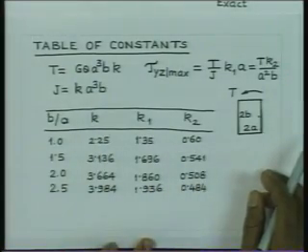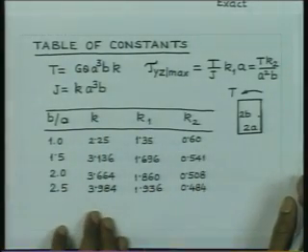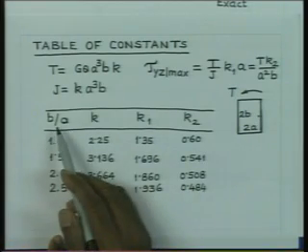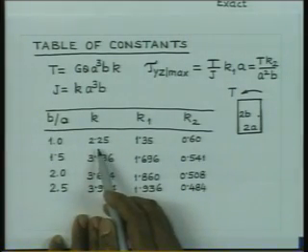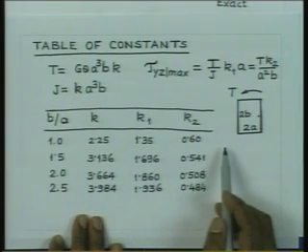For various rectangular cross sections with b by a varying like this, the constants are going to change, which are shown here.